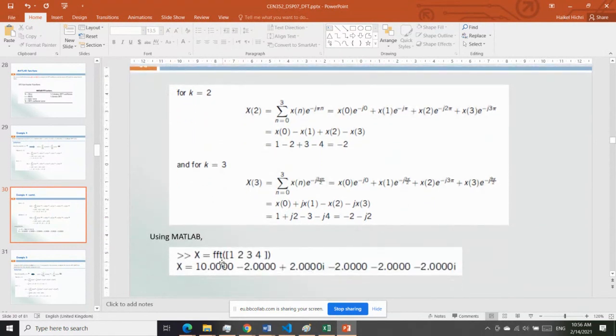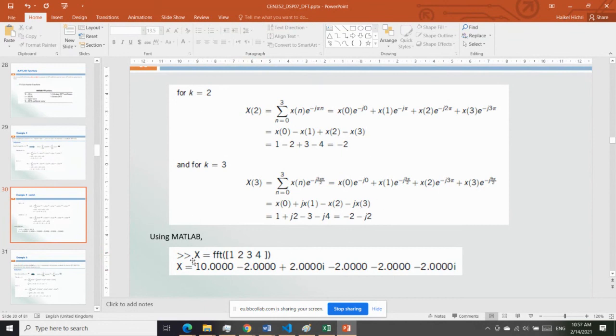Again using MATLAB انت بس تعطيها sequence، في الماتلاب إذا السيكونس تعطيها square brackets تعطيها ال values كvector, it's just a vector. So this is the sequence x, it's equal to 1 2 3 4. You just tell it FFT of this vector تعطيك ال values اللي احنا حسبناها يدويا.